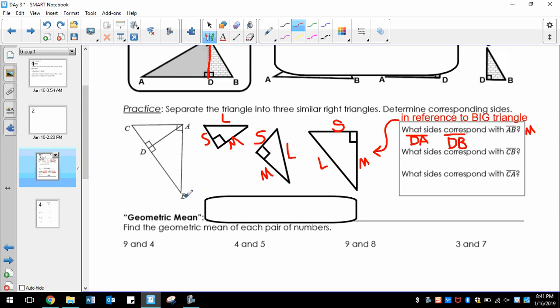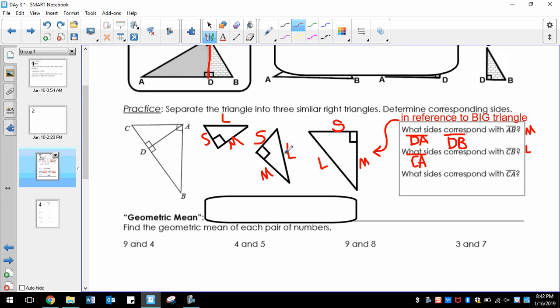All right, now we're going to move on to CB. In the big triangle, CB is the hypotenuse, so that's going to be the longest side in each triangle. So I'm going to find the longest side in the other two, because I've already taken care of this one. So in this triangle right here, the longest side is CA. All right, so I'm going to go ahead and write that down. CA. There we go.